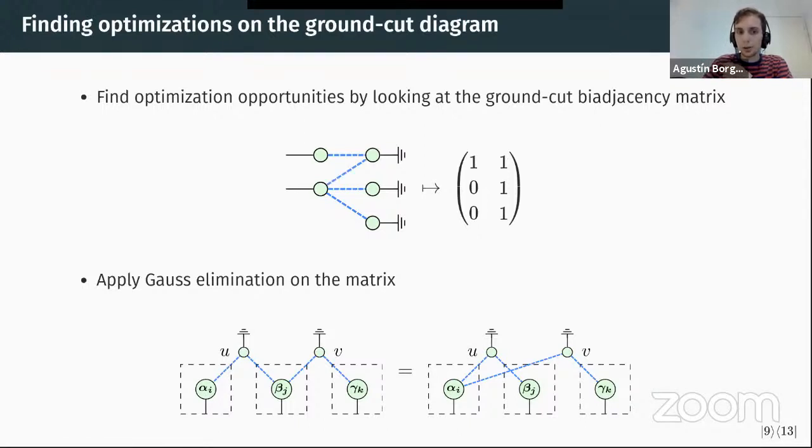Say the first row corresponds to the grounded spider B, and the second row corresponds to the grounded spider U. What we do is apply this rewrite on the graph, and when we look at the matrix, it will change the connection. It will add the connection of the node U to the node B, so we can change that in the graph.